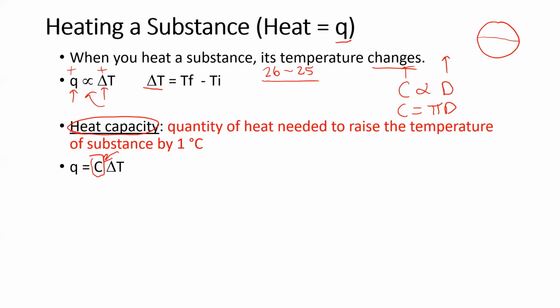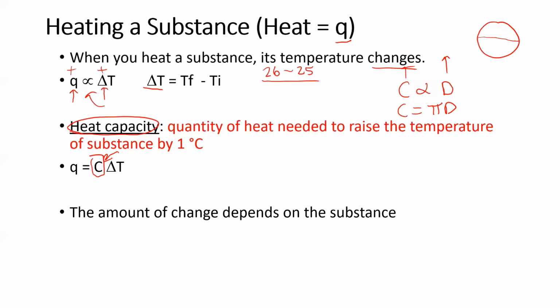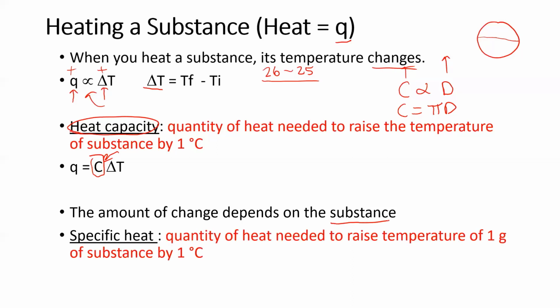Now in chemistry, a lot of times we're going to use different amounts, different masses. So when the amount of change depends on the substance and the mass, we use what's called specific heat. So this is a similar concept to the heat capacity. It's the quantity of heat needed to raise the temperature 1 degree Celsius, but we just add a unit of mass. So it makes sense.